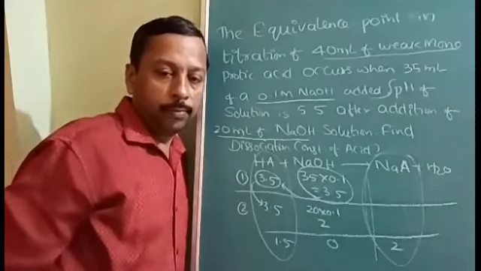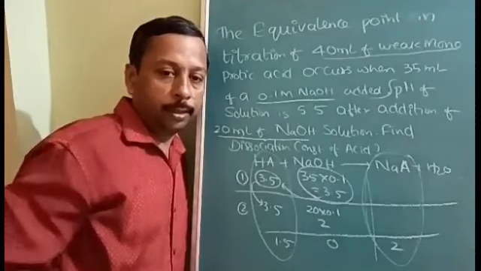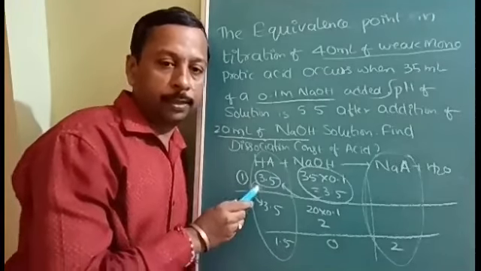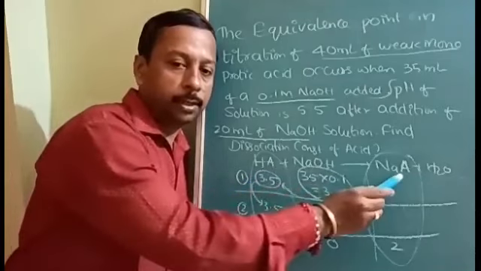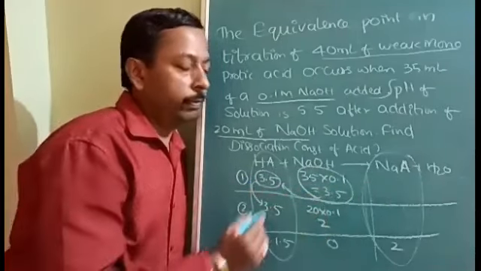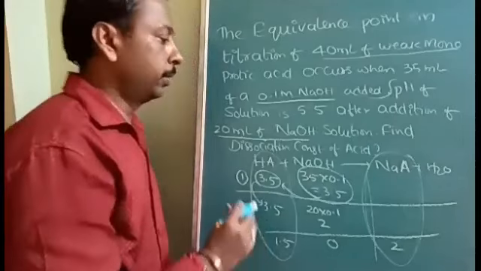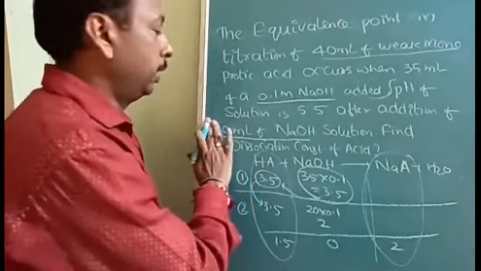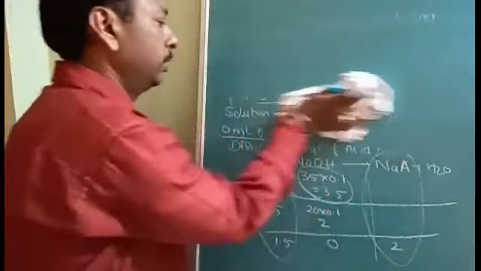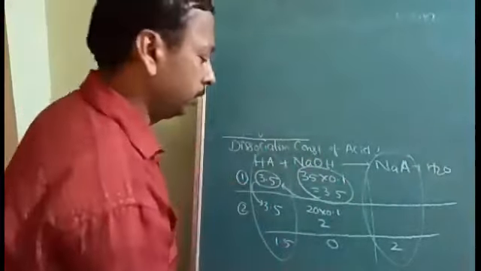Very good. We have to use the buffer formula, because it is a buffer. Which buffer, acidic buffer or basic buffer? Weak acid plus salt of the weak acid with strong base. So now we will use the buffer formula. Up to here I will erase, then I will write the formula here, and the rest you can substitute and simplify.